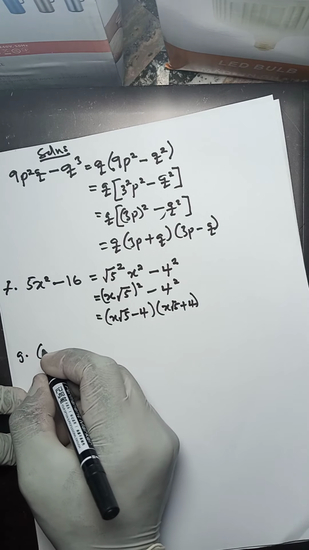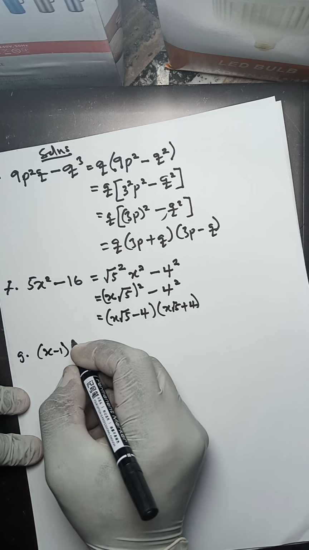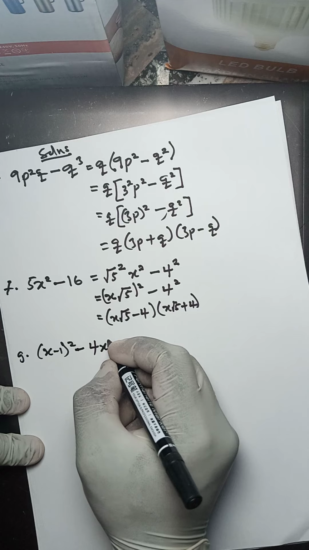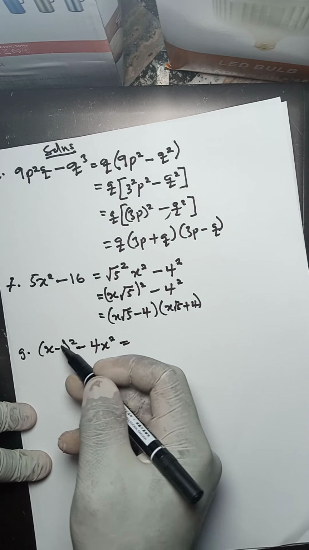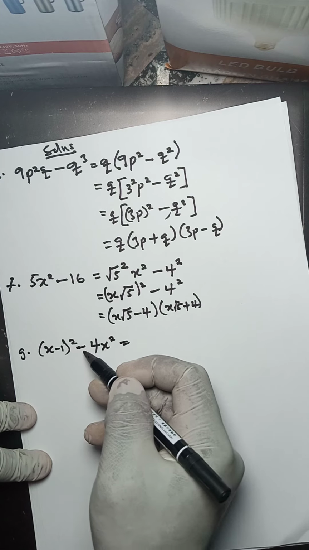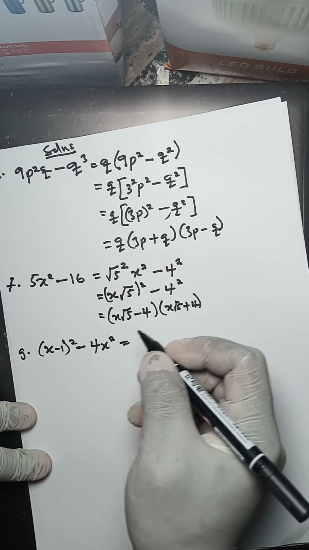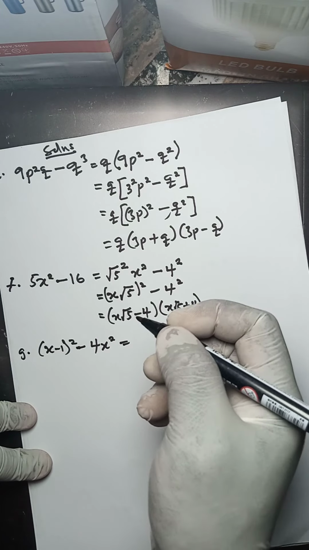So we have x minus 1 squared minus 4x squared. Again, if you check the left hand side, you can see that we have the square there already, minus this 4x squared, but it's only the x which is squared, so we need to convert the 4 to 2 raised to the power 2.